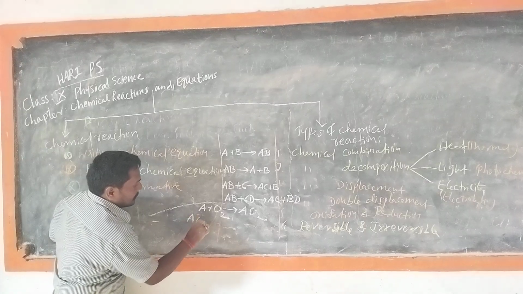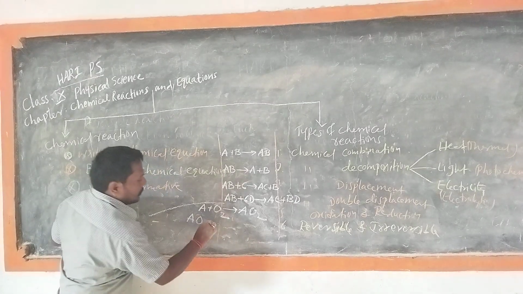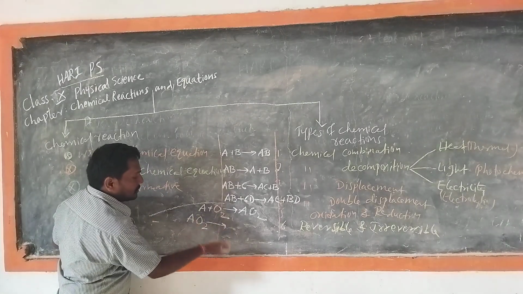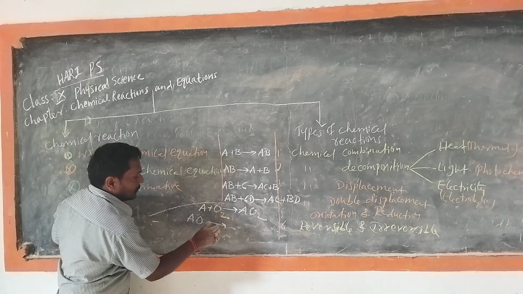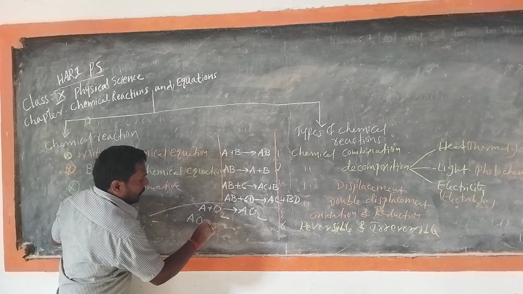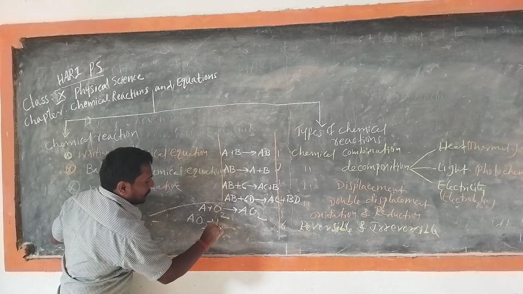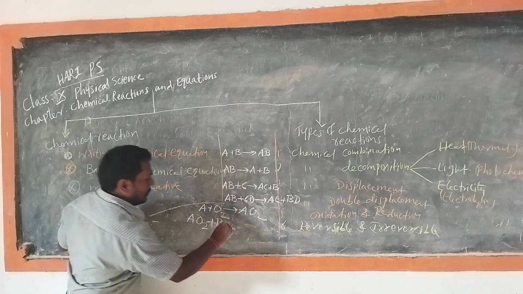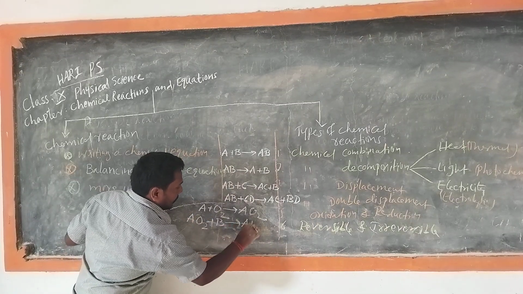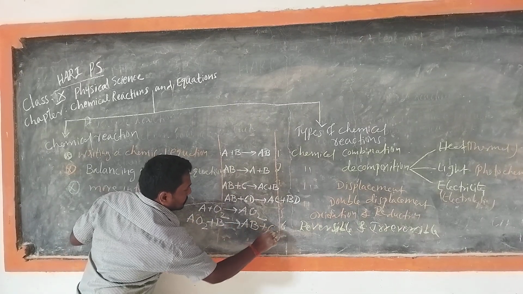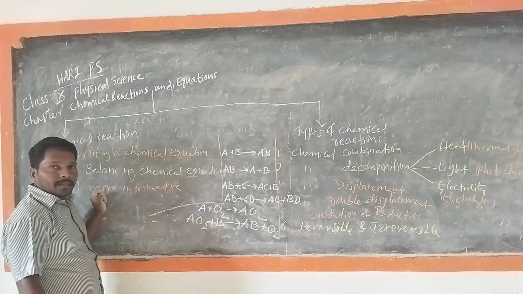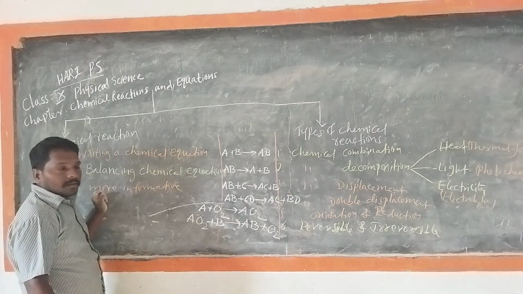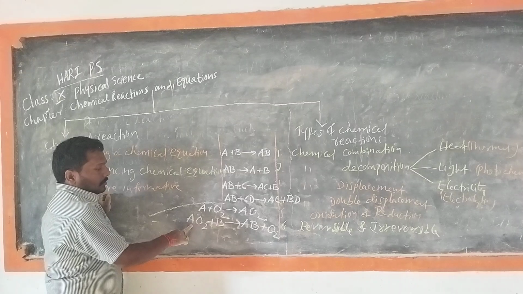So from this AO2, if we describe it, for example, AO2 plus B, then AB plus O2.